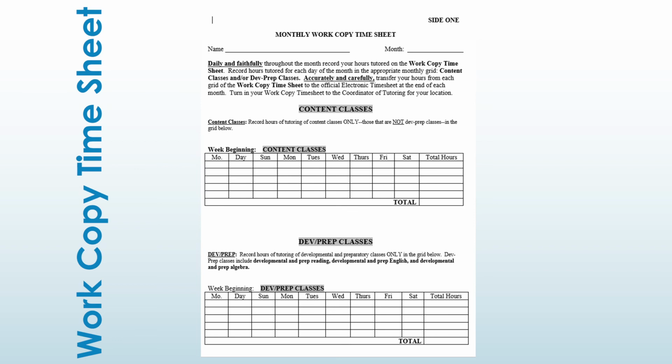The course itself must have the words prep and developmental in the title for your hours to be recorded in this section. For example, prep reading, prep English, or prep algebra. If the course does not have the words prep or developmental in it, they will be recorded in the content grid at the top. The reason this is so important is that the hours come out of two separate budgets. Again, feel free to use this tool as you like, but know that it is not required.